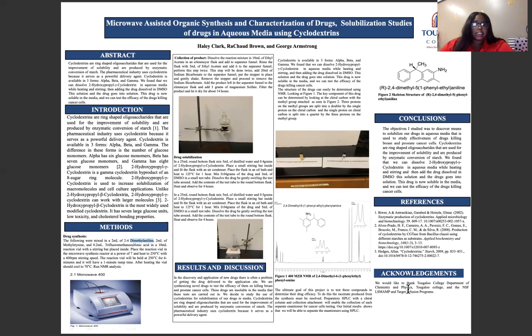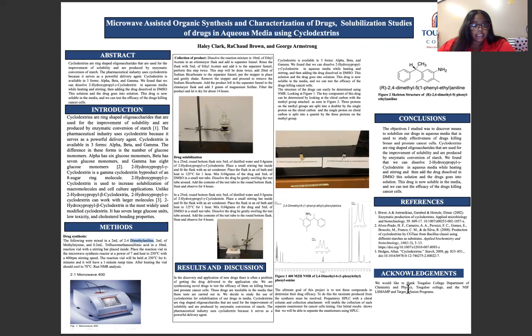The following were mixed: 2 milliliters of dimethylaniline, 2 milliliters of methylstyrene, and 0.2 milliliters of trifluoromethane sulfonic acid in a 10 milliliter reaction vial with a stirring bar placed inside.